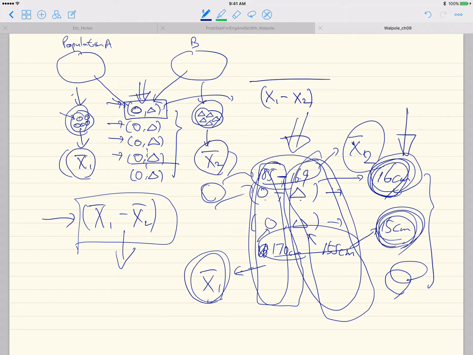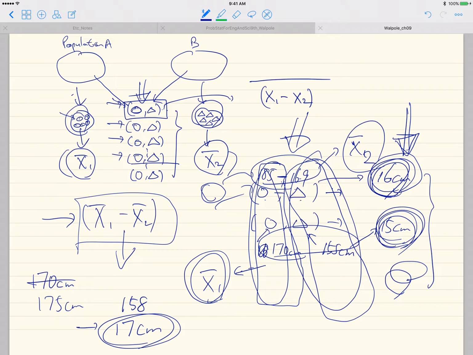Okay, so in other words, suppose the average height of a man is 170, maybe 175, and the average height of a woman is like 158, and then the difference will be like 17 centimeter.